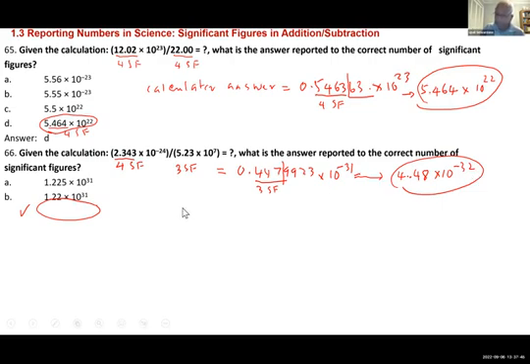Therefore, the answer is that one. That is the same problem. Now, I want you to go back. I did this calculation for earlier questions. You can go back and look at how I did it, okay?